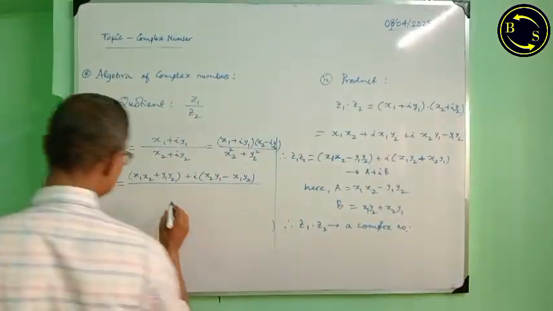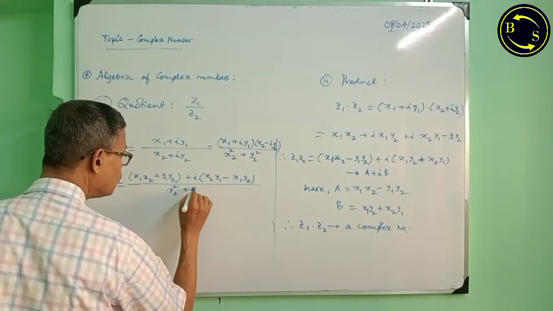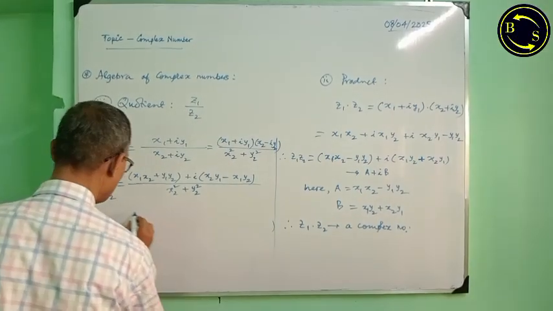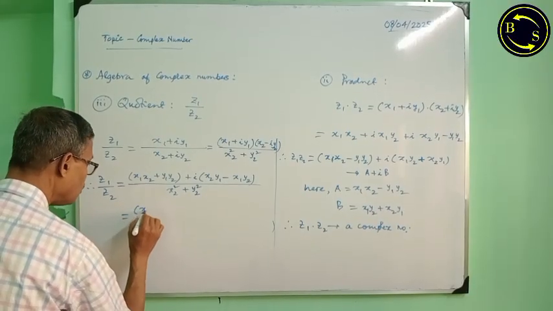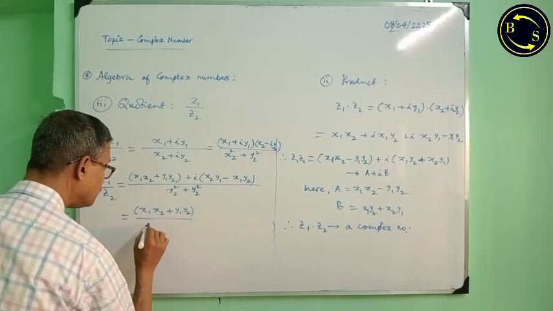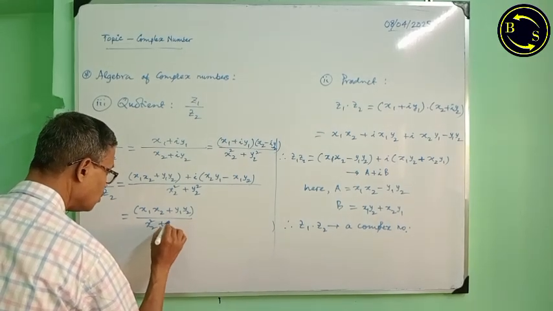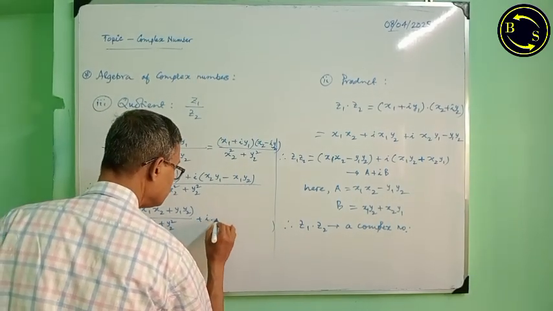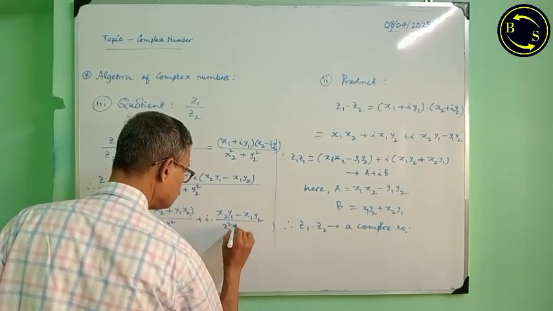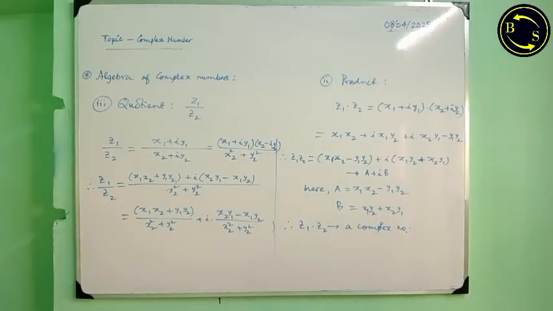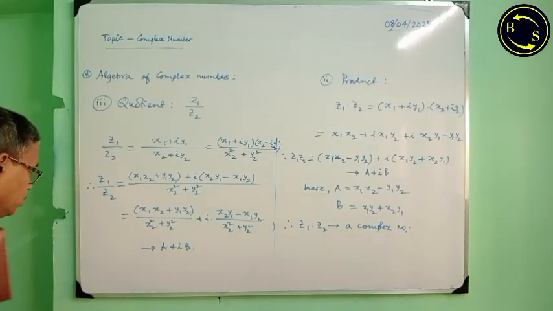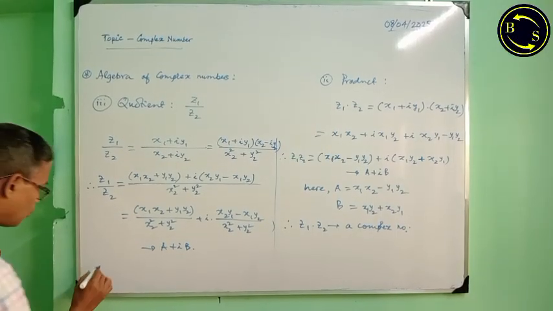Therefore finally this. Now if I express that in the form a + ib, which is of the form a + ib, therefore the quotient is a complex number.